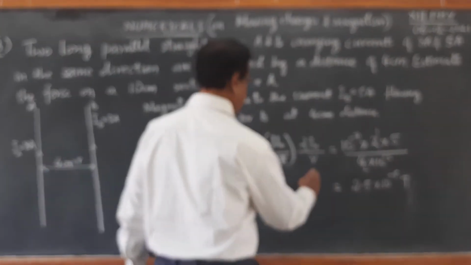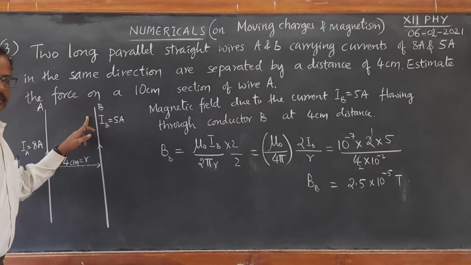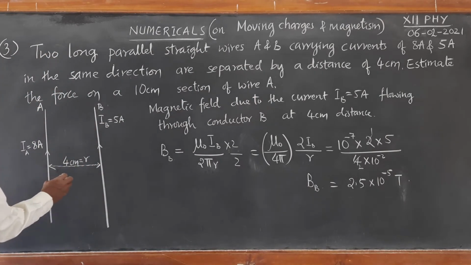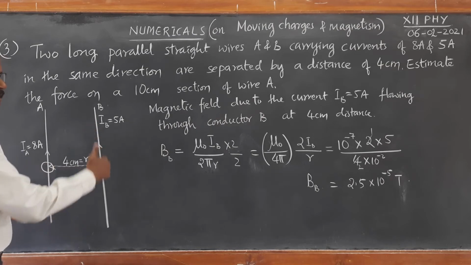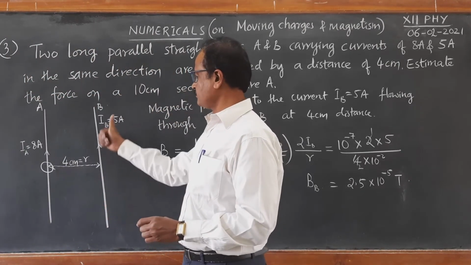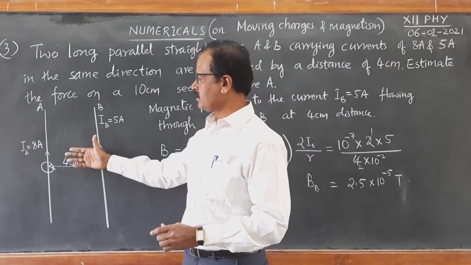This is the magnetic field due to the current flowing through the conductor B. Now we have found the magnetic field, and magnetic field direction at this point can be found out by using right hand grip rule. Stretch your thumb along the direction of conductor and see the curling of fingers. The fingers are coming out of the plane of the board.